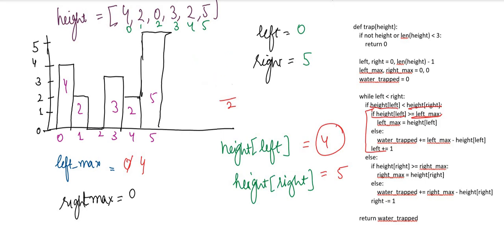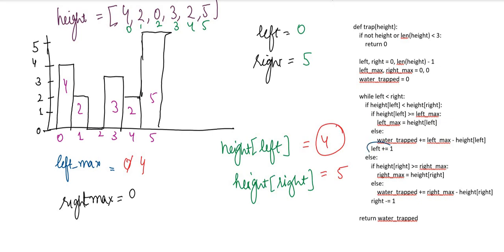If the maximum that you already have is 2 and right now you have a 3 block, then you cannot block water towards the left. We are talking only towards the left. Getting my point? That is why we have put this condition. If height is greater than left max, we are updating left max. If it is not greater, only then we are updating the trapped water value.